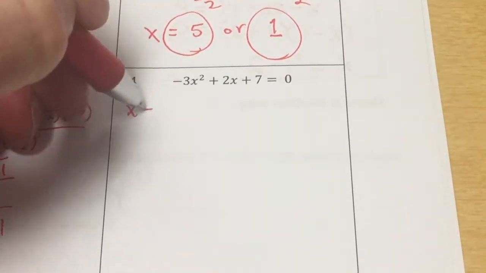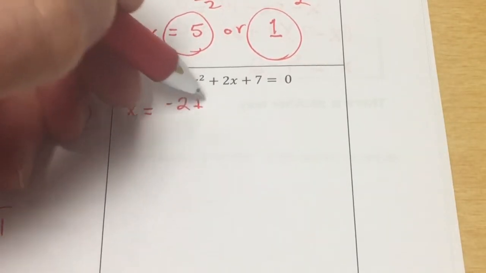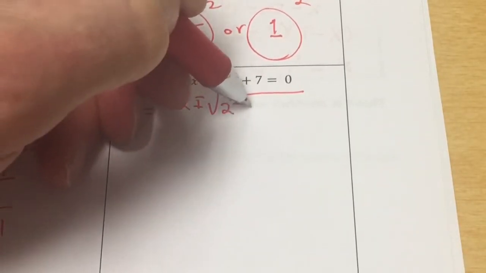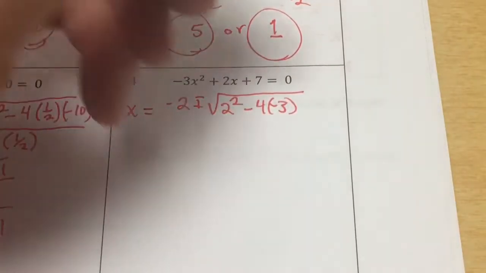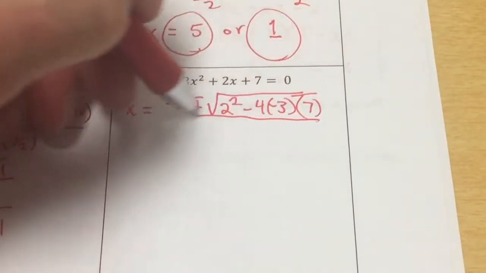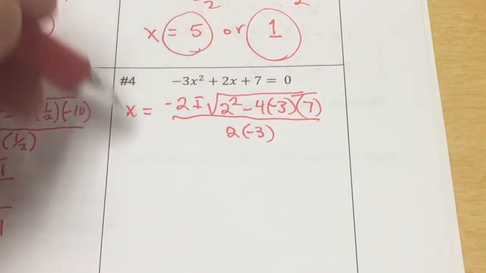This one is, b is 2, so the opposite of that is negative 2, plus or minus the square root of 2 squared minus 4 times negative 3 times 7, over 2 times negative 3.